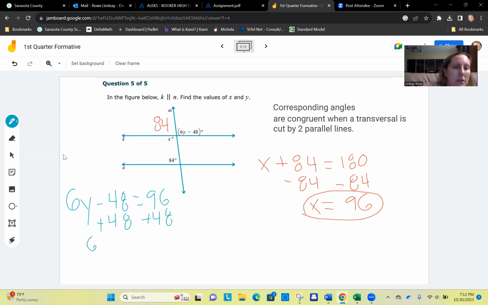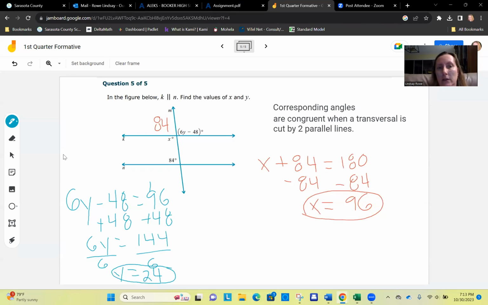Okay, so I have 6y equals, Miss Rowe without a calculator, this is fun, 144, is that right? 144, I'm going to divide this side by 6. I'm going to divide this side by 6. So I get that y is equal to 24. I'm going to plug it back in, because 6 times 24 minus 48, what should that give us?